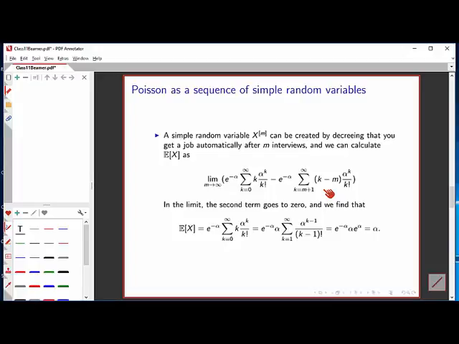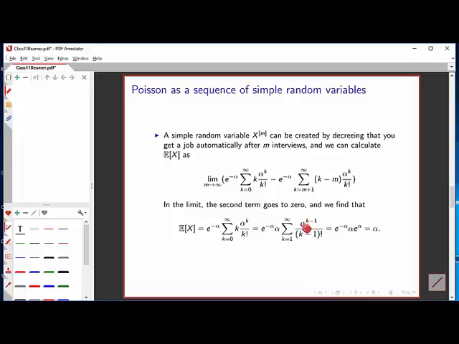In the limit, as m becomes very large, the contribution from all these terms goes to 0, so only the first term matters, and we can calculate the expected number of interviews by multiplying the probability that the kth interview is successful by k, and then noticing when we go to do this sum, k over k factorial is 1 over k minus 1 factorial.